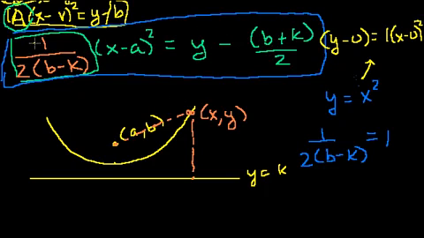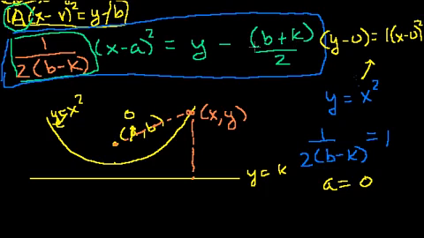So here you see that the 1 over 2 times b minus k is the coefficient in front of the x minus a squared term. So that's where we got that that has to be equal to 1. And a has to be equal to 0 in this situation. If this curve right here is y is equal to x squared, a is 0.